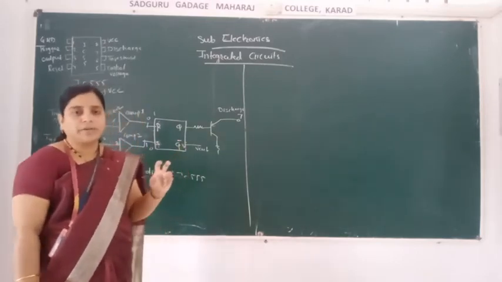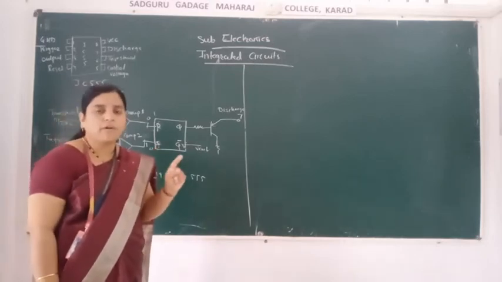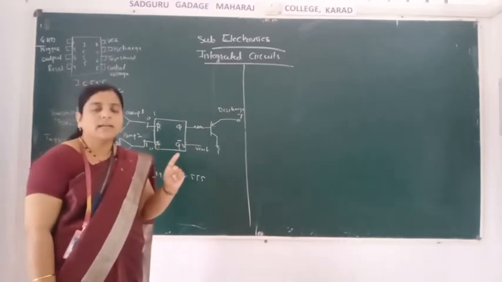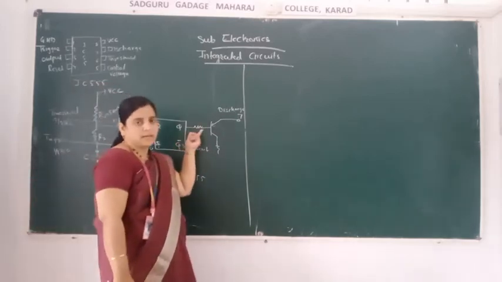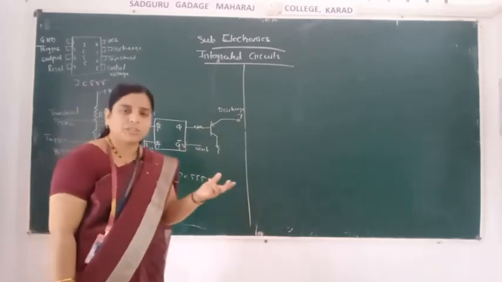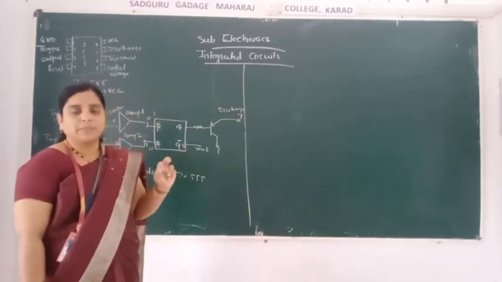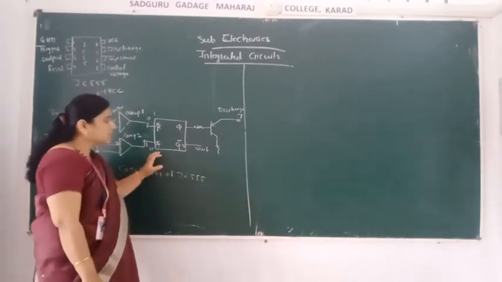Keep in mind that when the transistor is in the cut-off state, the capacitor is charged through the resistor R. When the transistor is on, in the saturation state, the capacitor will be discharged.